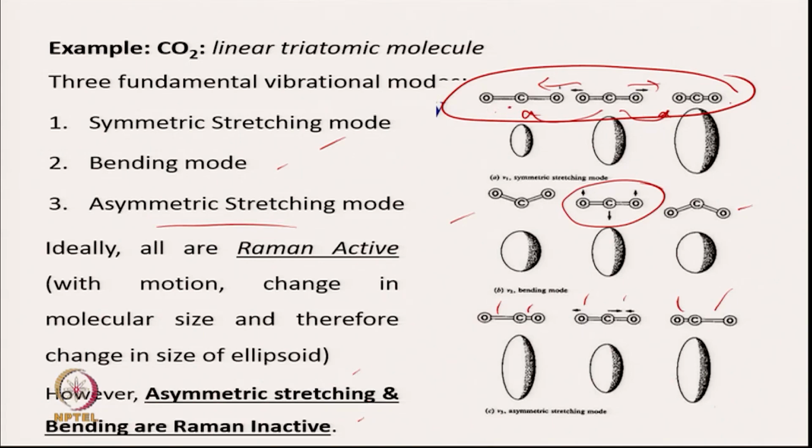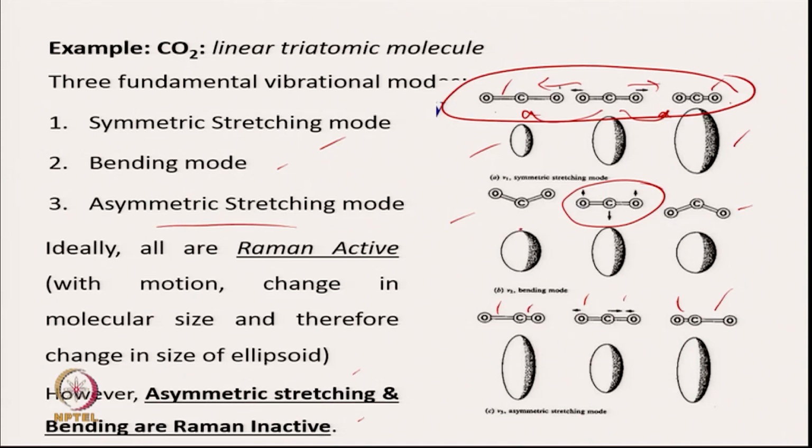Here you are stretching this bond, which means the electron cloud is more polarizable, since there is a greater distance between nuclei and electron cloud. So, the volume of the polarizability ellipsoid is smaller, whereas in the contraction case polarizability is less and the volume of the ellipsoid is going to be large.